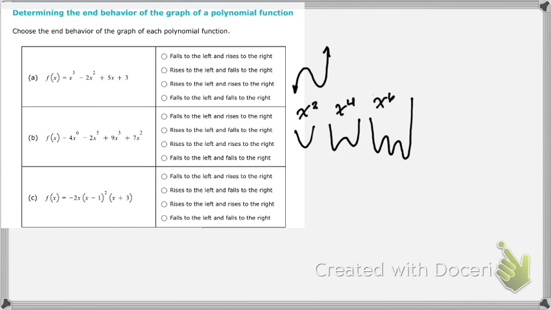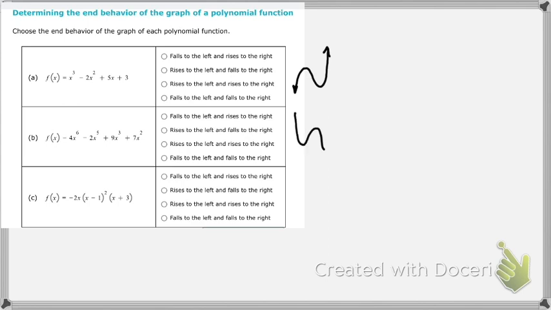That's the maximum number that it can have. It can always have less, as long as the left hand and right hand behavior works out. I don't have to have the total number of possible changes in direction. But for our purposes, when we're just saying the basic picture, we're going to go to the maximum possible. So we're going to go like that for x to the 6th.